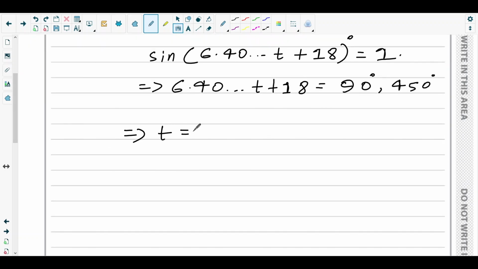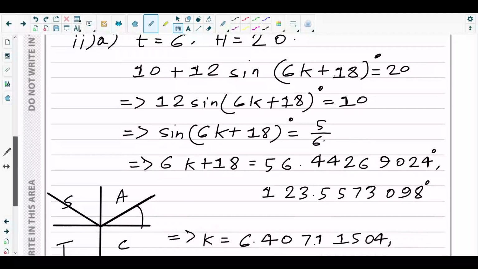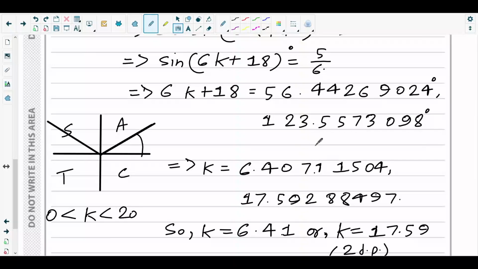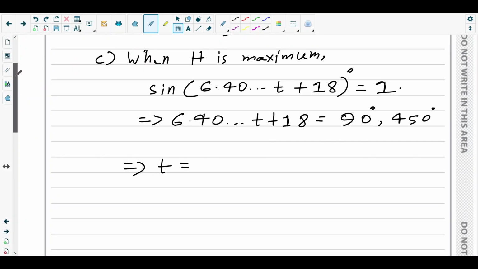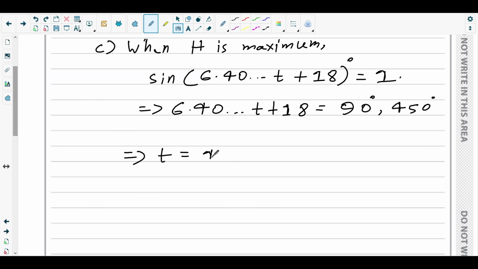Okay, so let's find out the value of t. 90 minus 18, divided by 6.40, what's the exact value? 6.40711504. If you divide, you will get 11.23750698.